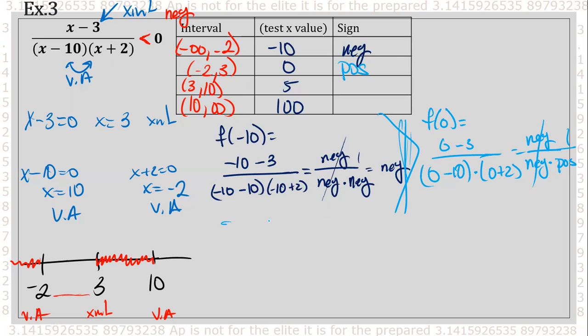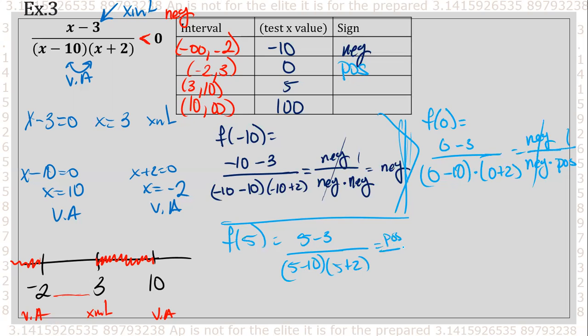The next one is the function evaluated at 5. We could do the same thing. We can see that this is going to be 5 minus 3, and then 5 minus 10 times 5 plus 2. So we got a positive on the numerator, a negative, and then another positive.